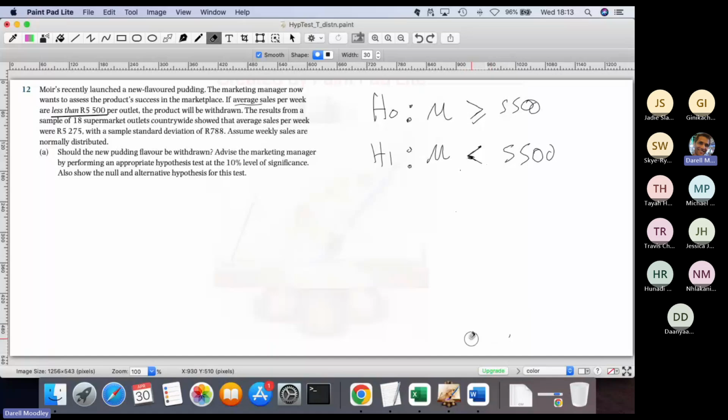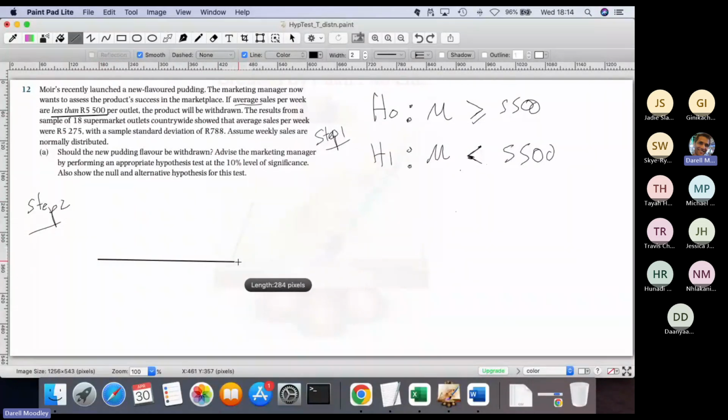All right, let me clear this out. We have done step 1, we have stated our hypothesis. Now step 2 is to find the rejection region, just like we did last week. Remember what I said earlier, this is a one-tail test and the rejection region is going to be on the left.